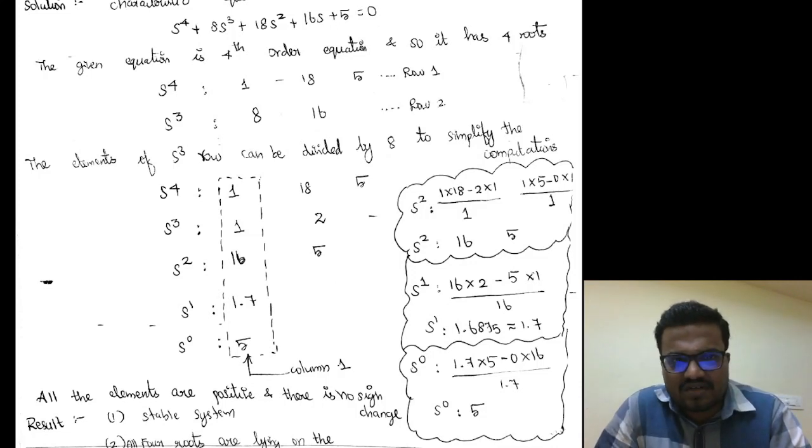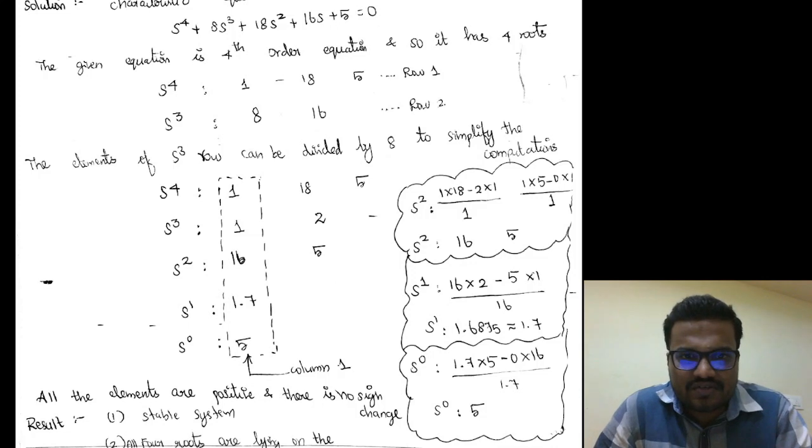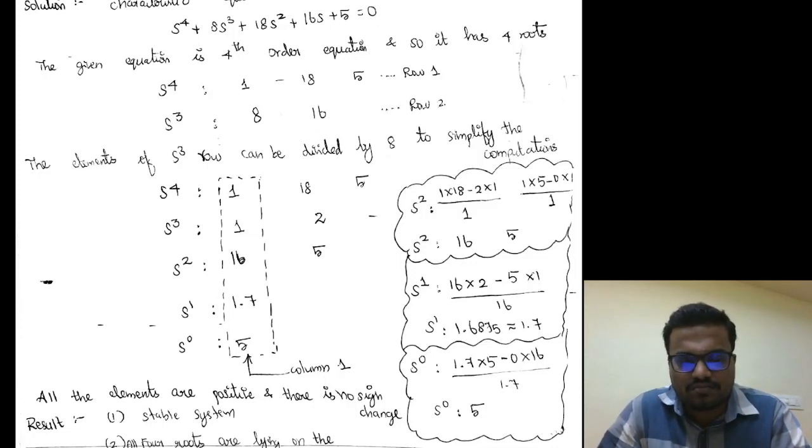After that, the next step will be s power 2, which is calculated as follows. Initially, the calculation is 1 into 18 minus 2 into 1, divided by the same value 1.